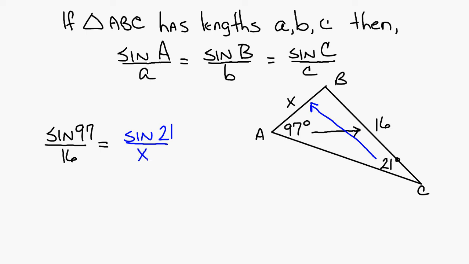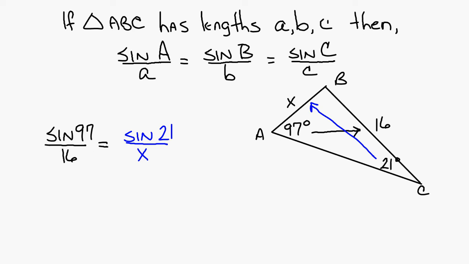Okay? So you're creating proportions to find missing side lengths in this case. Once you write your proportion, sine of an angle over its opposite side is equal to sine of an angle over its opposite side, you can crisscross multiply and solve for the missing side. If you crisscross multiply the variable first, it keeps the variable on the left-hand side of the equation.